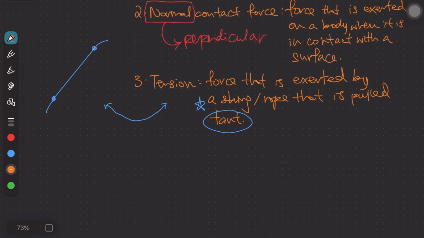So next up, we have buoyant force. Buoyant force is also known as upthrust.